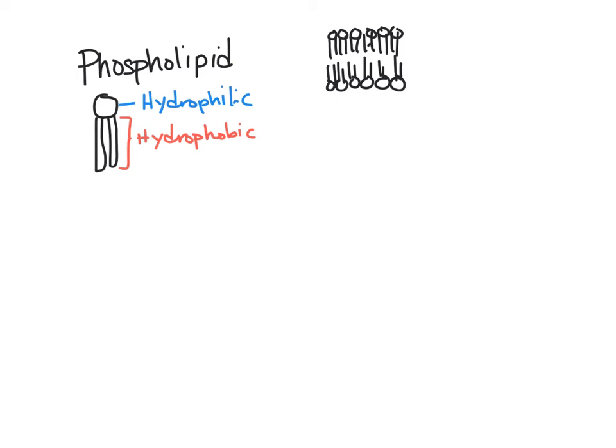Okay, so let's go back to this and we'll go black. So remember it's glycerol, and then the 2 tails that are hydrophobic are actually a fatty acid. I'm drawing sideways, I hope that's okay.